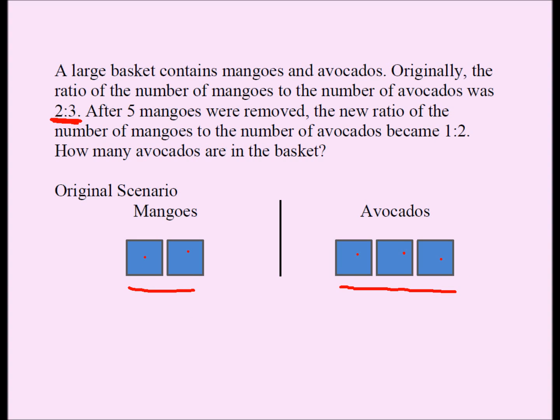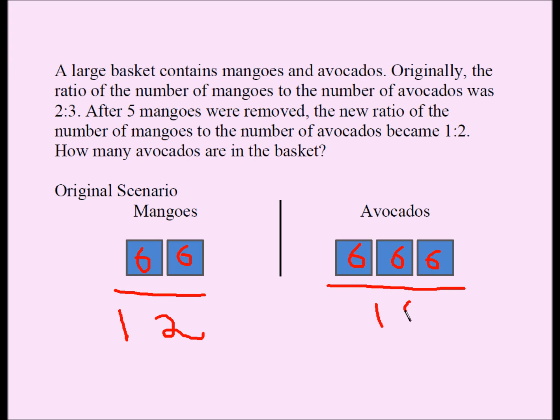Now, let's erase that for 1 second and make sure we get this. So if I had 4 mangoes, 2 plus 2, 4, then I had 6 avocados. If each box was 6, I could have had 12 mangoes and 18 avocados. 12 to 18 is 2 to 3.